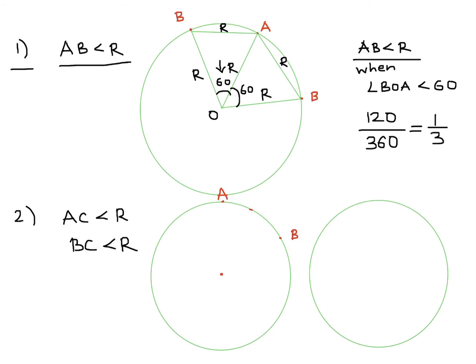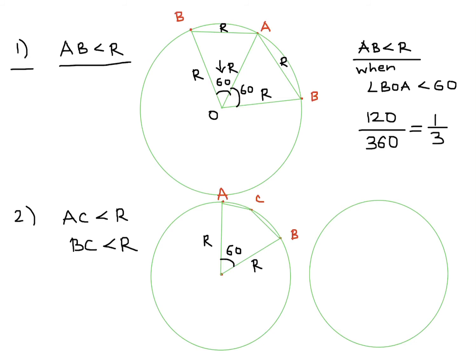So C is, let's say, here. Now we can draw our distances. This is, of course, the radius. AC is here, and BC is right here. This is R, and this is R. In a very similar way, this is going to be 60 degrees in terms of our range.